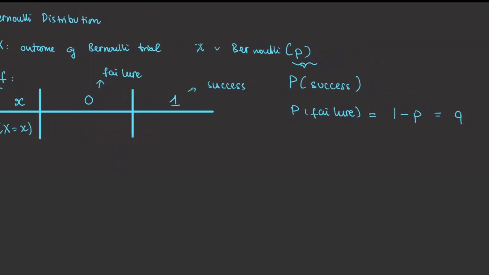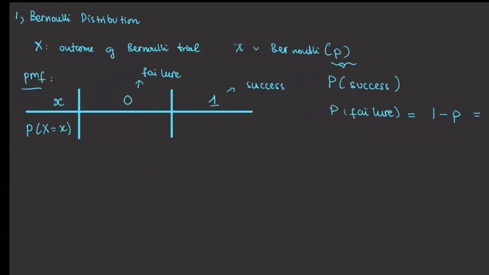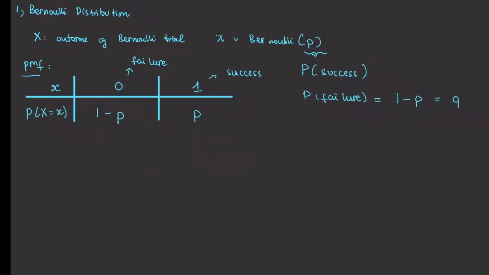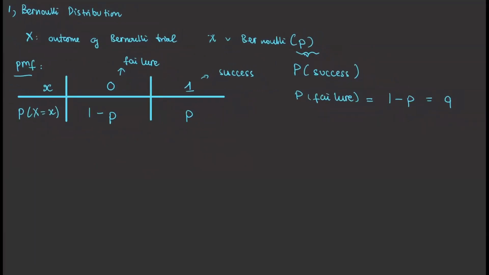As given, it is 1 minus p, or you can denote it as q, whichever you like. And here I want to fill in probability X equal to 1, which is the probability of success, and it is P. Okay. So this is our probability mass function.